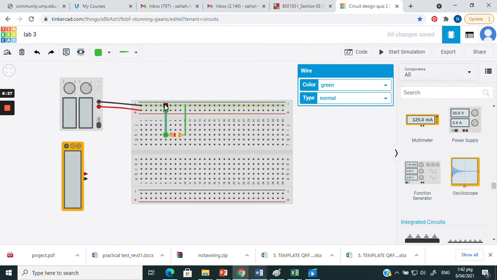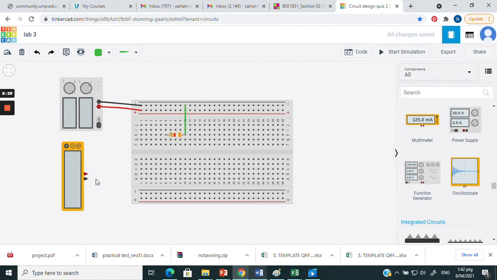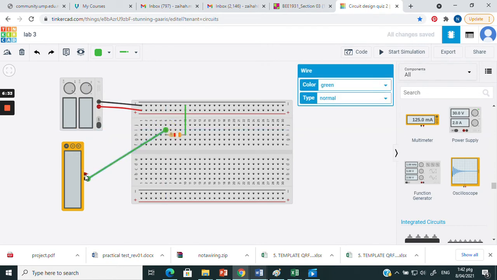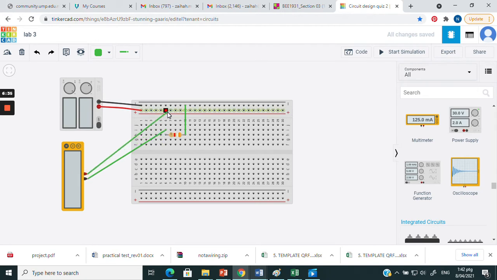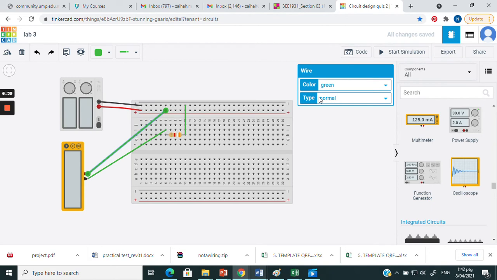So let's mentor this line first and connect to here. Positive to positive, multimeter to positive power supply. So change the color to red, this color change to black.